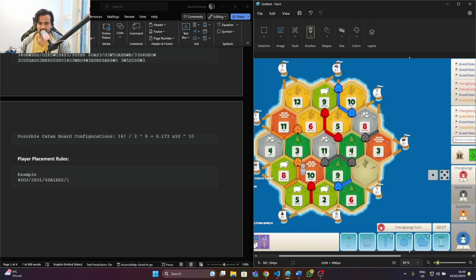So for the vertical edges, the settlements that we place are always going to be at the bottom. So it's going to be down here.